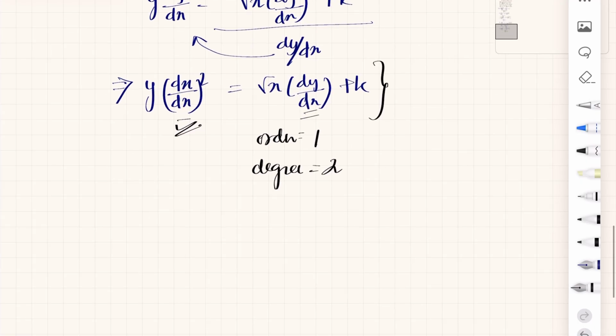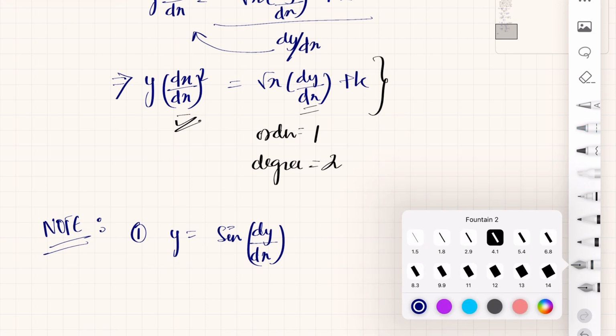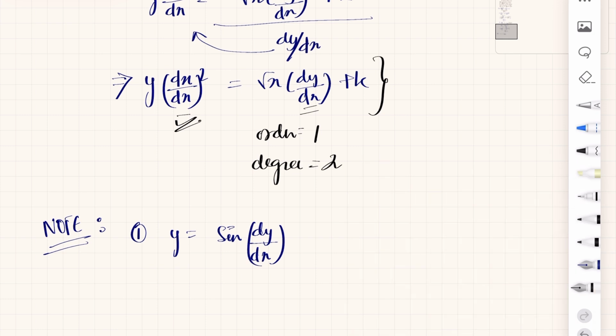Okay, so I'll give you one more example. This one is important. The example that I'm going to give you is very important. Let's say y equals sine of dy by dx. So tell me what is the order and what is the degree?